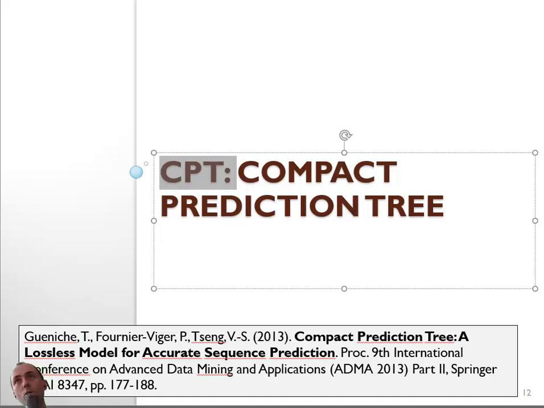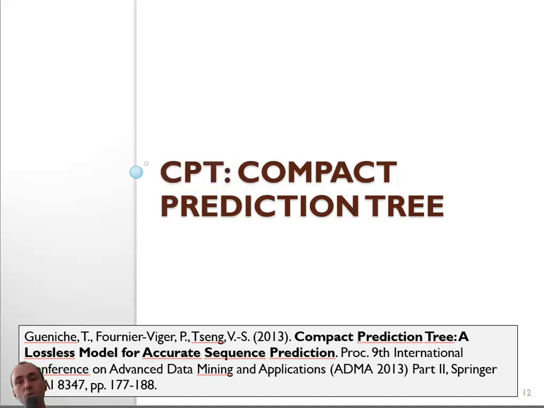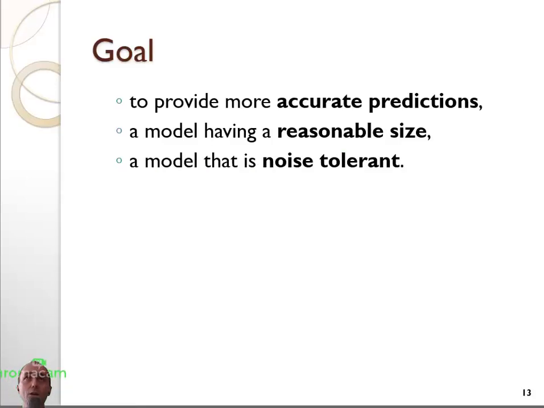Our goal is to do accurate prediction. Our model will still be a little bit big, but it will be very accurate because we don't ignore a lot of data. So our goal is to provide more accurate prediction, with a size that is not so big, and also to be noise tolerant. That means if there are some variations in the order of symbols in a sequence, we still want to be able to make a prediction.